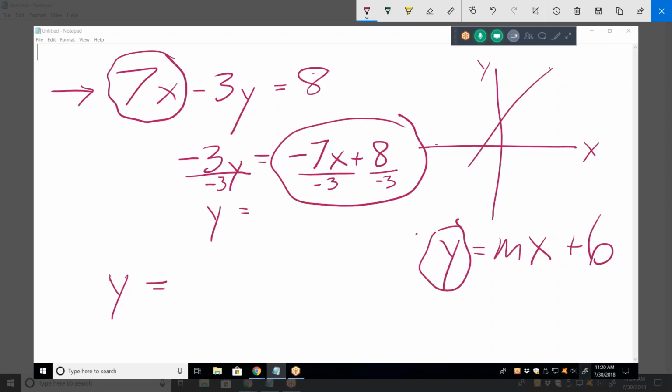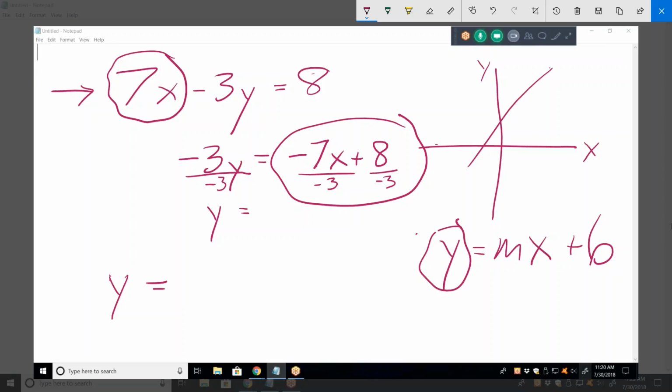Could you just multiply it by negative 1/3 and do it all in one step? That's the same as dividing by minus 3. The reason I call it division is because the way you solve equations is by always doing the opposite of what the thing is currently doing. Right now, that minus 3 is a multiplier, so I've got to divide to get rid of it. It's true that I can multiply by the reciprocal, but that's an extra step. The most efficient way is just to divide by minus 3.